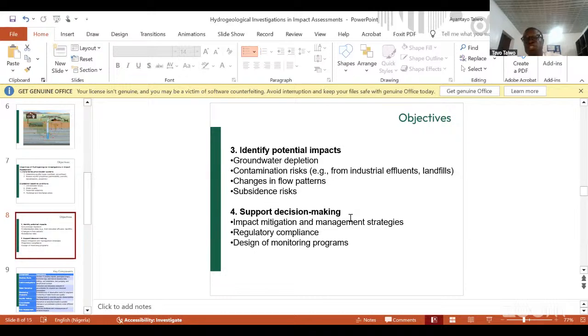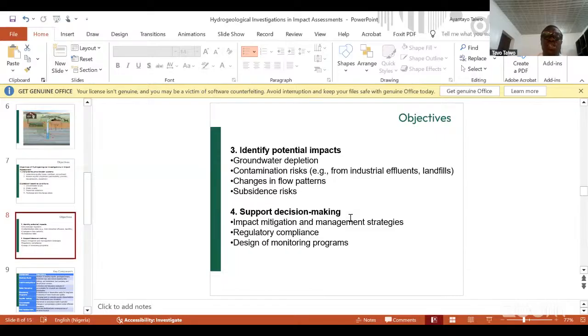Basically, as you begin to take away the water, it can lead to subsidence. So you have to conduct studies to ensure that your dewatering is not going to lead to subsidence, which is likely to even kill the miners that are there, and also become a particular risk. You don't want that risk there. So it's important to study this, and hydrogeological investigations help to do that.